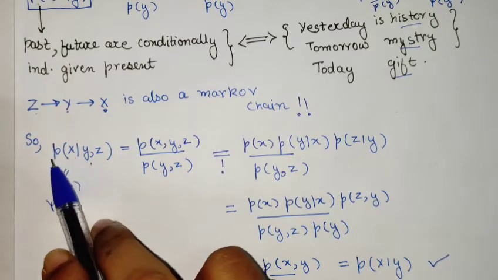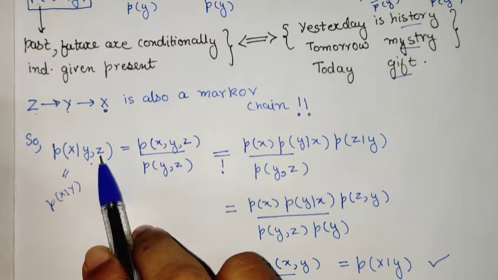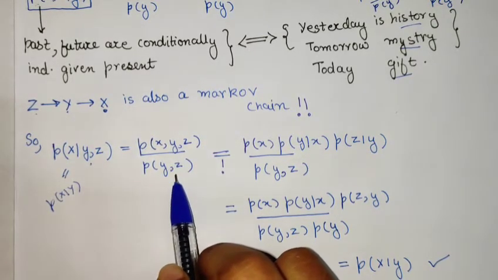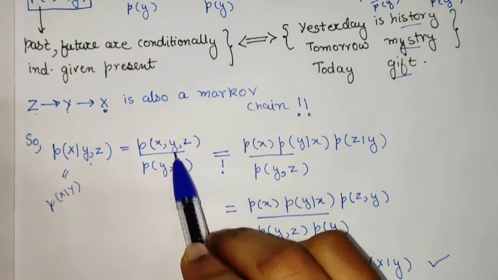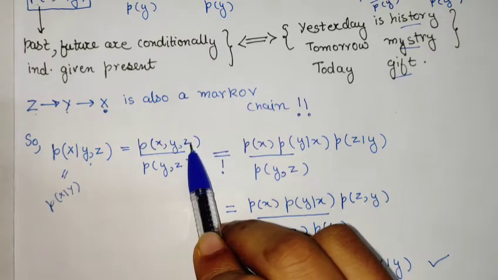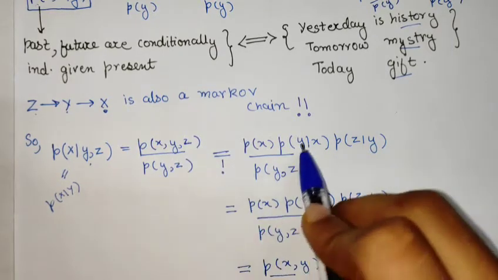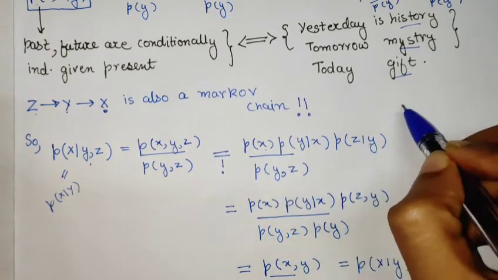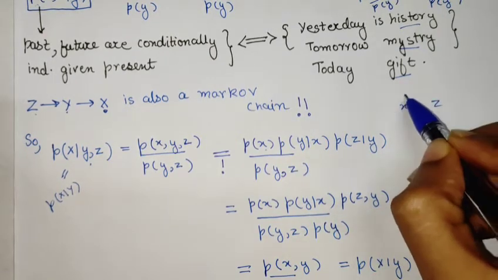So we take this expression, write it in this particular form, and then use the fact that p of x, y, z can be broken into this particular form, because x, y, z is a Markov chain.